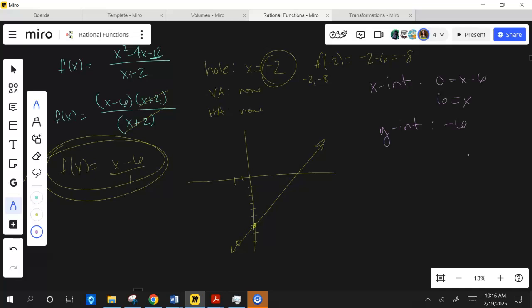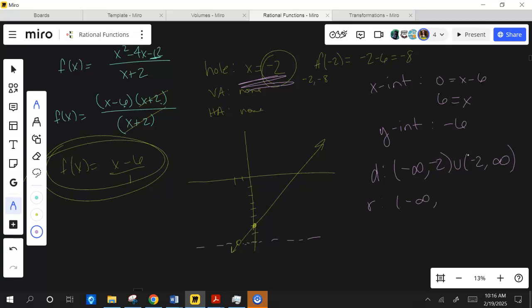What is my domain, though? You're close. I gotta leave this out. I gotta leave out the hole. For my range, it's definitely going down forever, but as I make my way up, there's no y value anywhere right there.